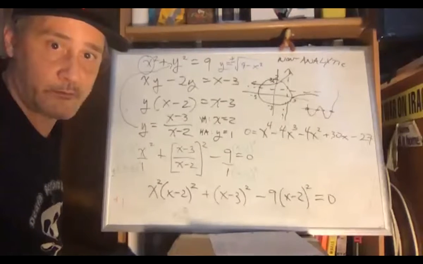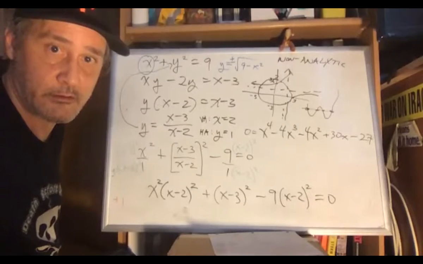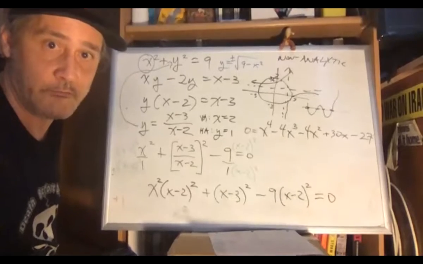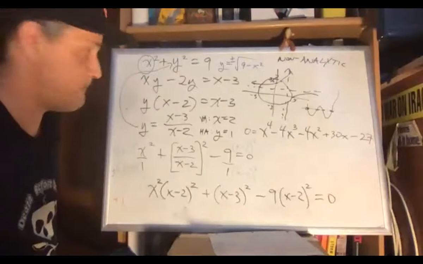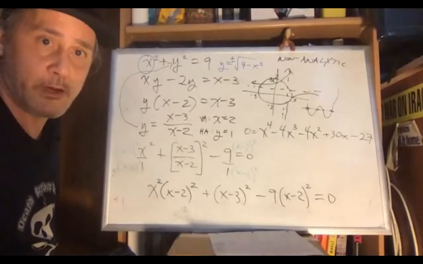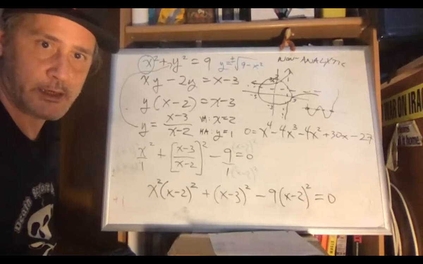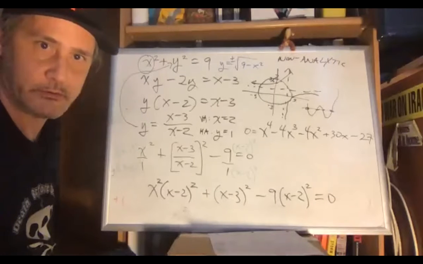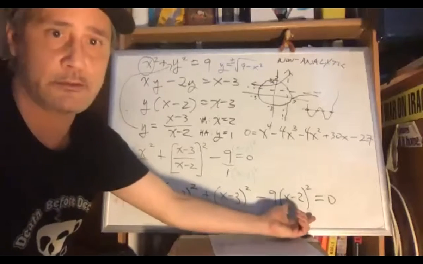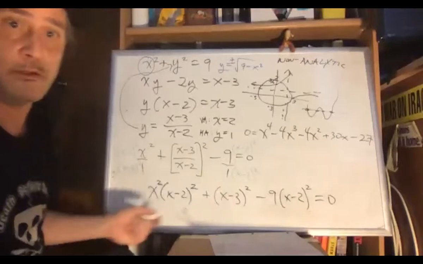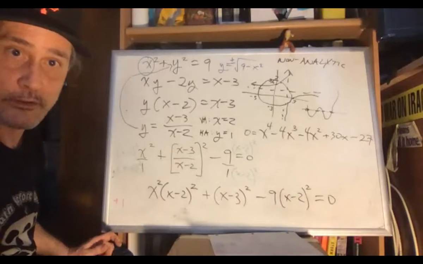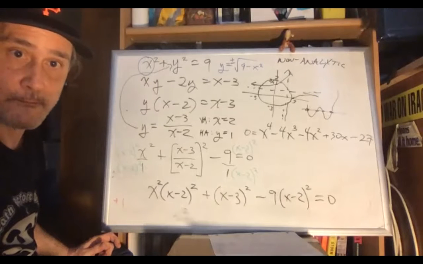Right? Well, here is the clunky form of the equation. Now, you might wonder why this x squared minus 9 is. I'll point that out to you later, but it's just because I pulled out the x minus 2 squared term that was both multiplied to x squared and minus 9.